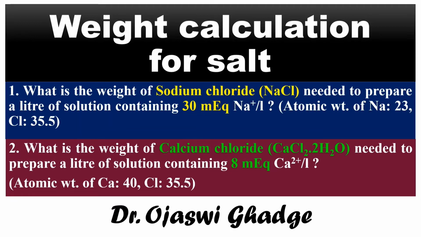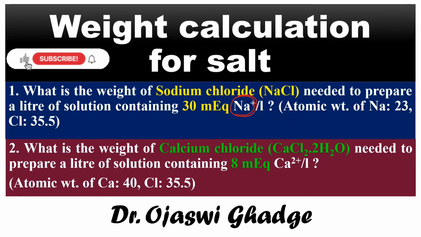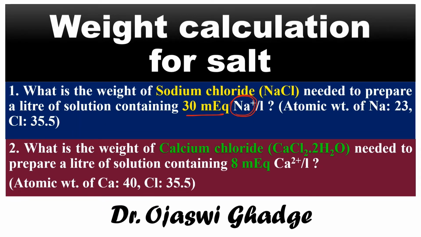Means if I have to prepare a solution of sodium ions in which 30 milliequivalents per liter sodium ions are present, how much sodium chloride salt should I weigh so that the 1 liter solution of sodium chloride will have 30 milliequivalents of sodium ions in it.